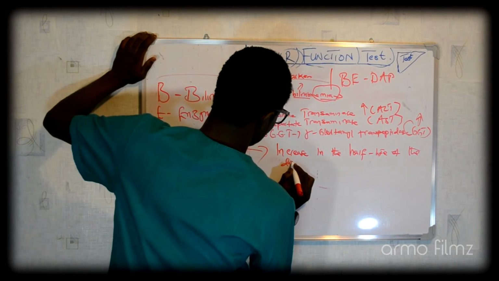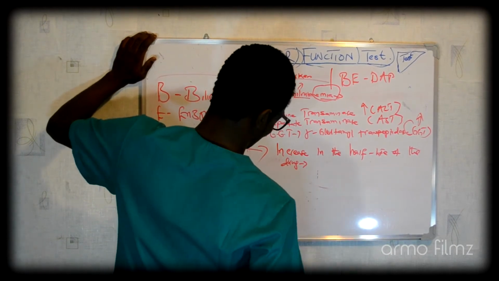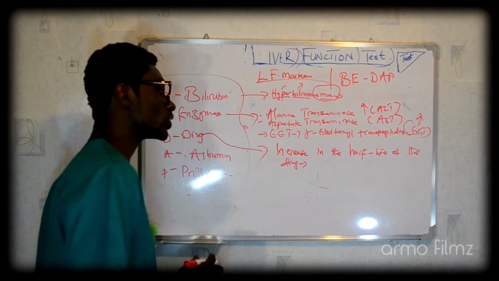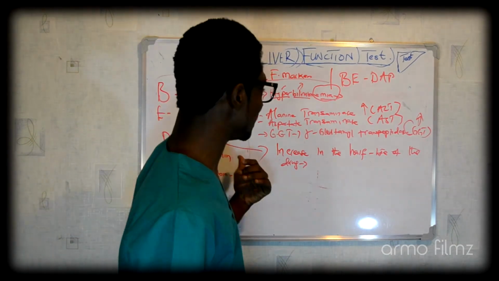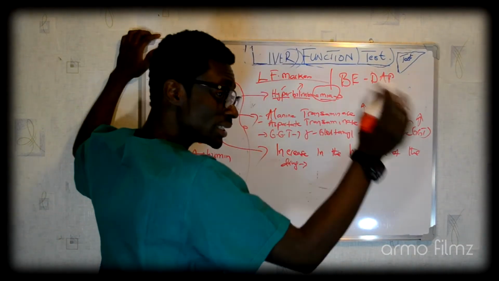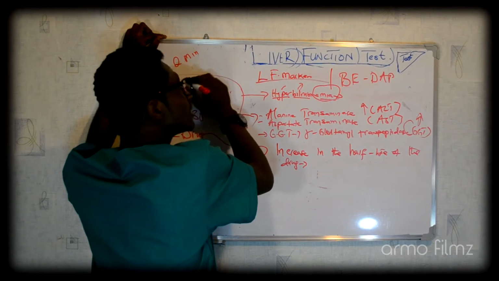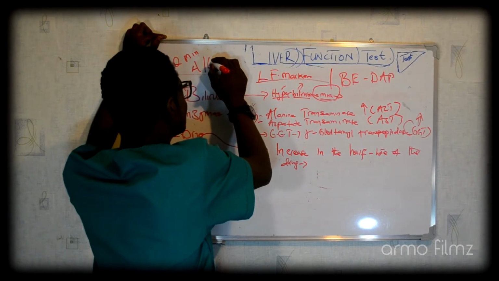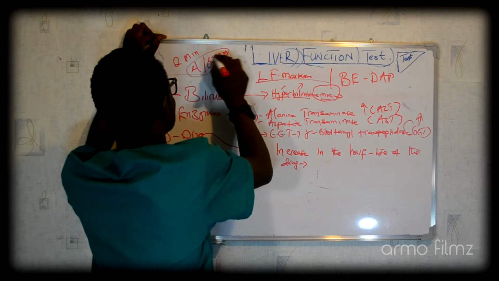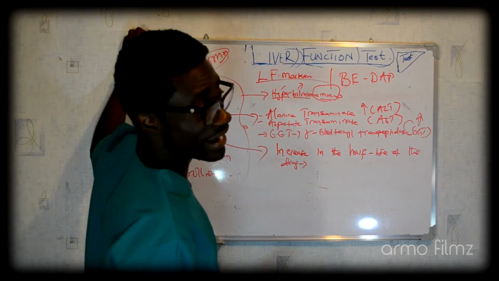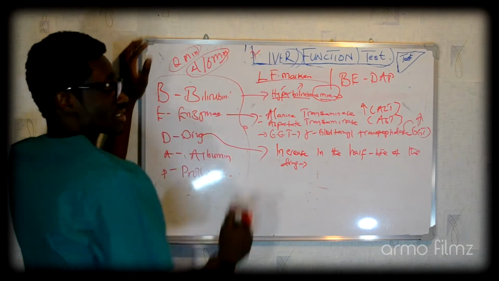That means if the metabolism or the total breakdown of the drug by the liver normally takes like 2 minutes, there will be an increase to something like 4 or even 6 minutes. This will give you a hint that something is wrong with my liver.